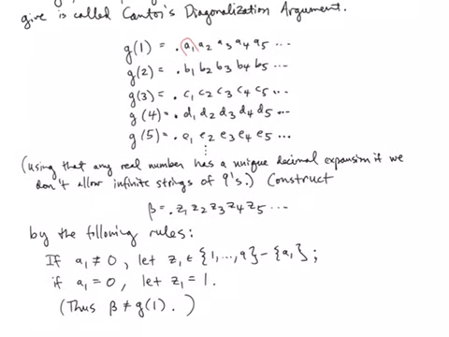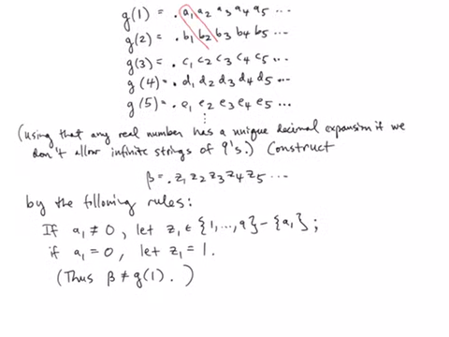Okay, and once we've written down the first digit of our beta, we move on to the second output of our function and the second digit of that second output.